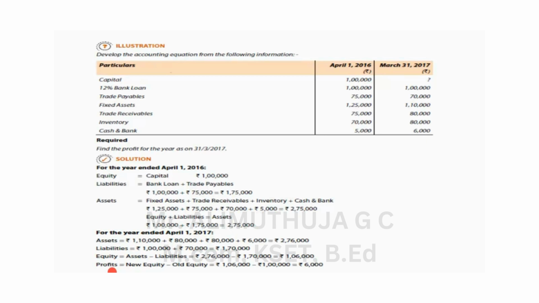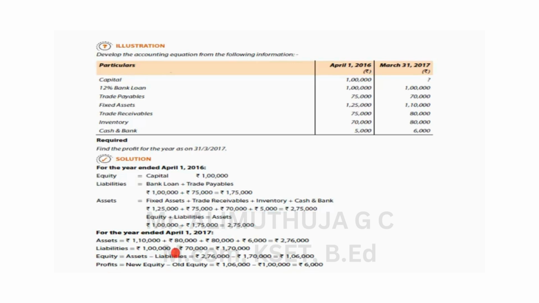Profit equals new equity or new capital minus old equity or old capital. The new capital which we just found is 1,06,000, and the old capital given in the illustration is 1 lakh. Therefore 1,06,000 minus 1 lakh equals 6,000, which is nothing but profit.